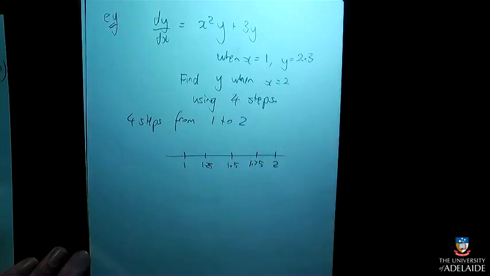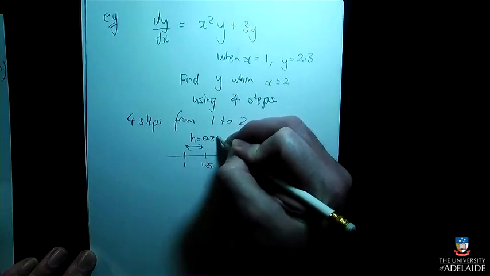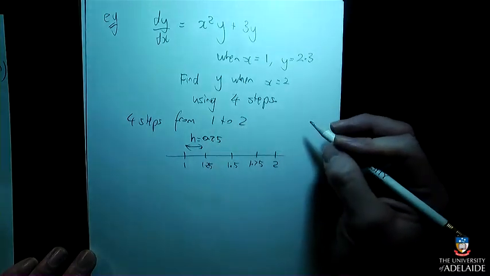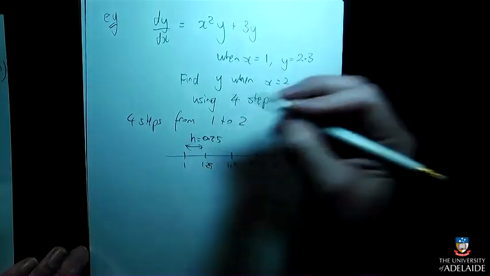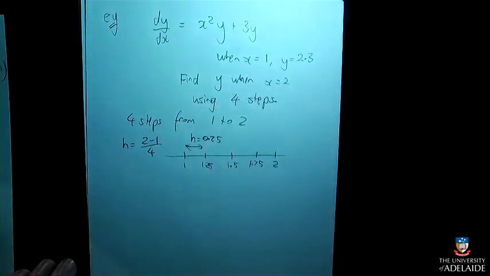Like that. And the step size is 0.25, which I calculated by going h is the gap that I went divided by how many steps that I took.